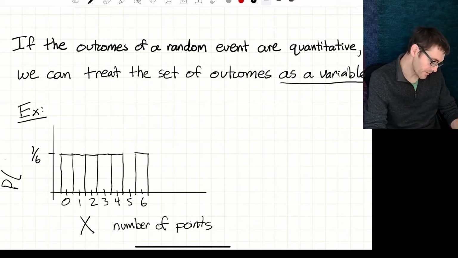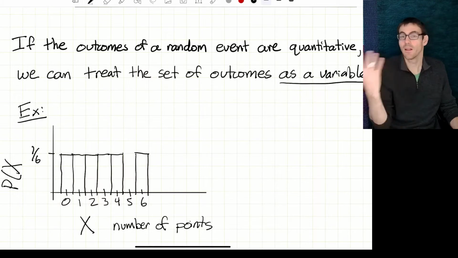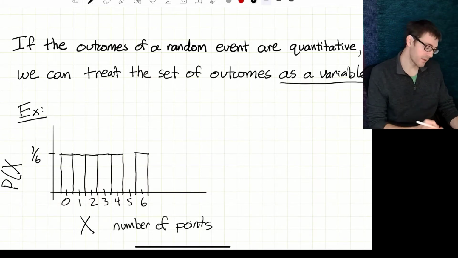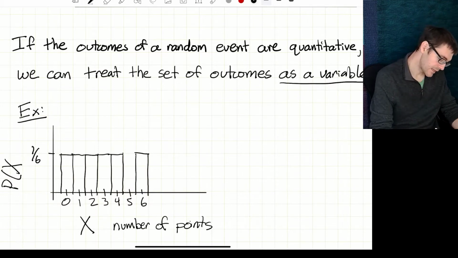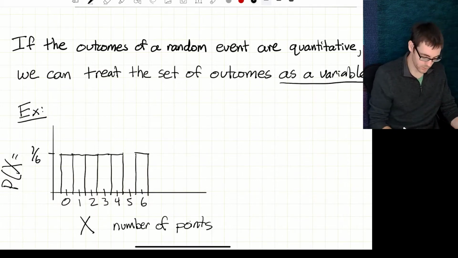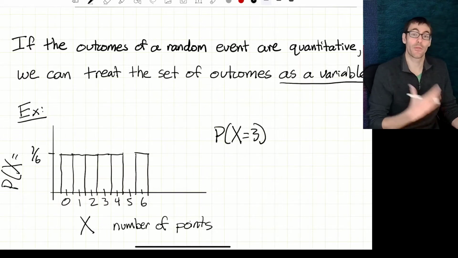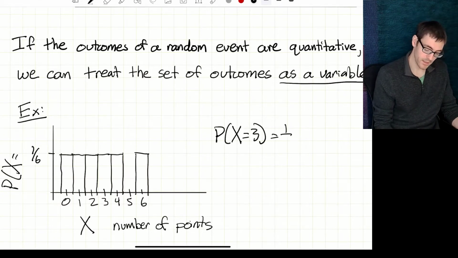We're writing the probability that our random variable X, which by the way is a capital X, equals some number. For example, the probability that our random variable equals 3, the probability that we get 3 points, is 1/6.